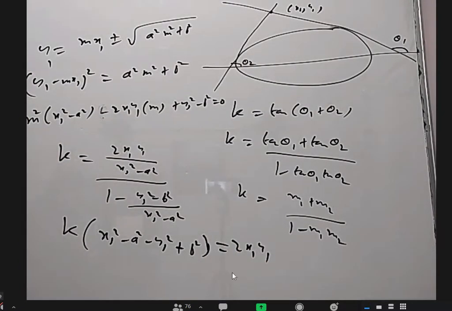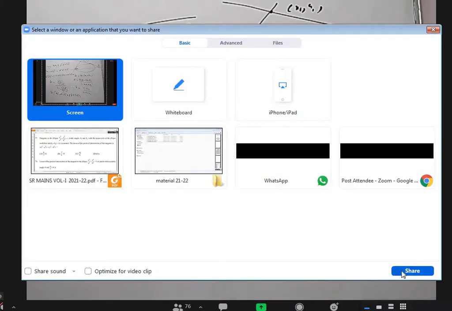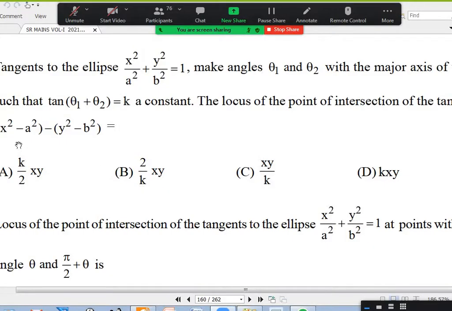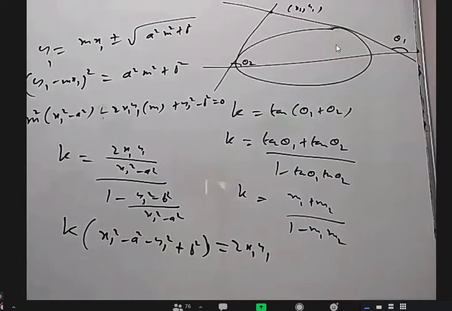But what is it they want? That's all. If you just send k, that's it, 2xy by k is done. You can just bring this k here.